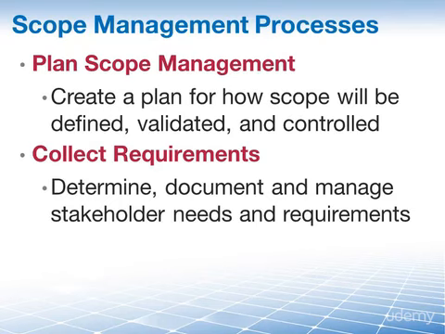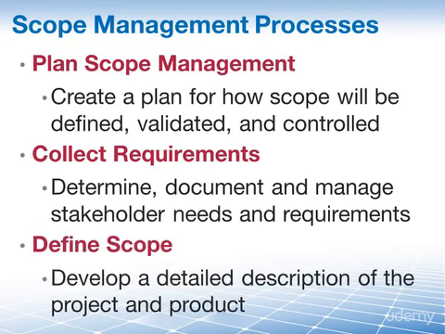This is the process of determining, documenting, and managing stakeholder needs and requirements to meet project objectives. Once we have that, we can then go ahead and define scope. That's the process of developing a detailed description of the project and product.